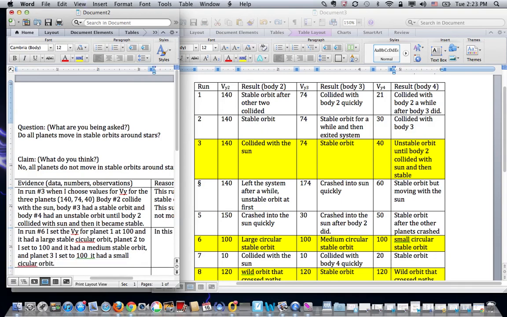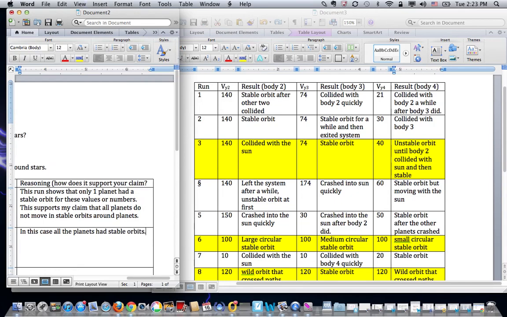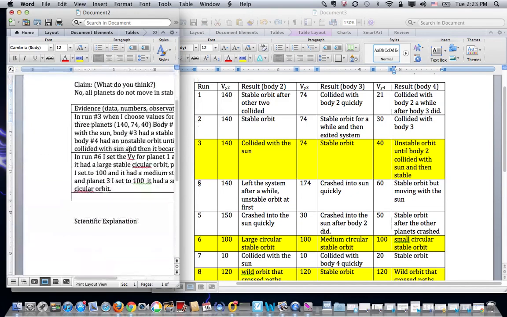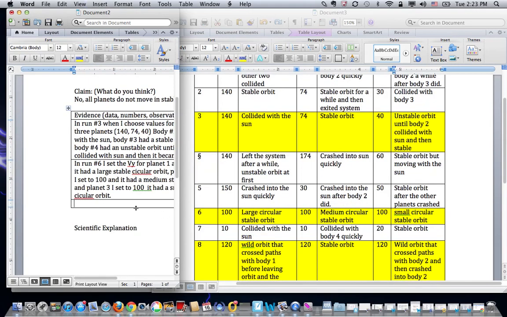In this case, all of the planets had stable orbits. Okay. So I'm just going to go back to the other way of doing it because it's a little bit quicker.